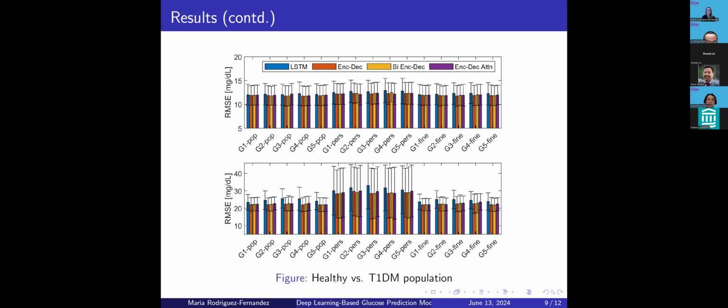That's probably because the amount of data is not enough. We still collected 1 week of data, but this might not be enough. So definitely the population, or even better, the fine-tuning approach, are the approaches that work better in this context, because they take advantage of the whole information of the population, but then also they allow us to fine-tune with this particular data.